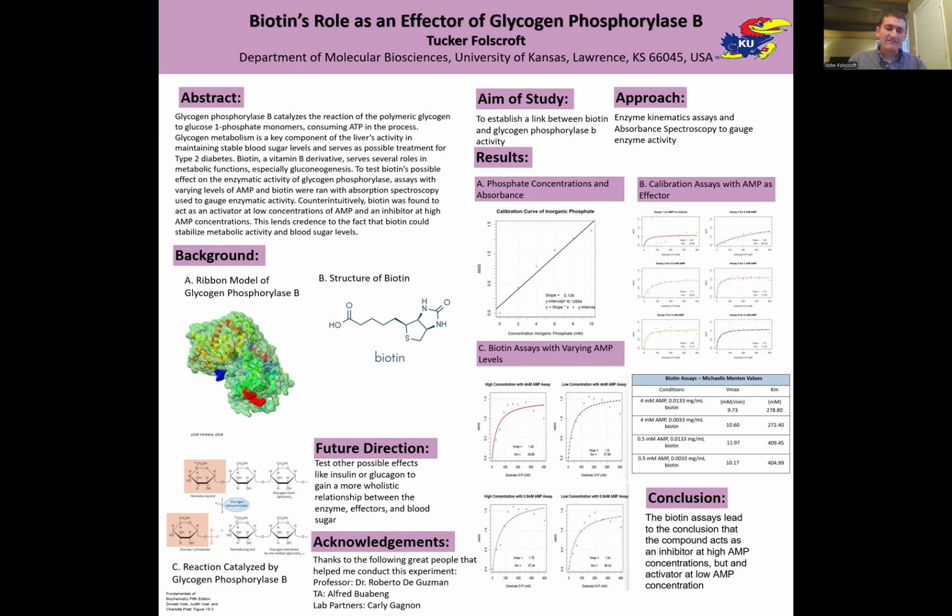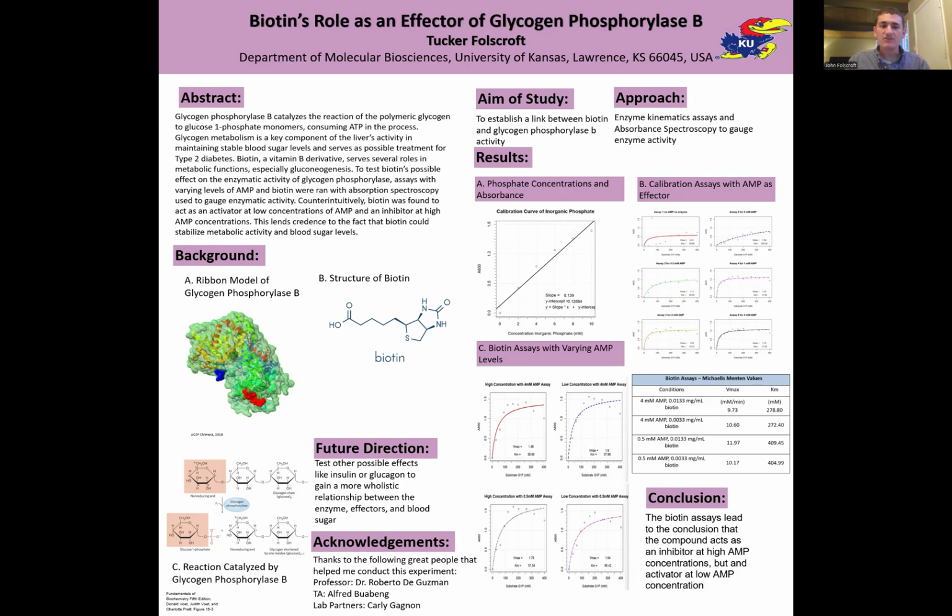Ultimately, we study the effects of biotin on glycogen phosphorylase B by doing two main things: enzyme kinematics and absorbance spectroscopy. As we can see in the graph A, the phosphate concentrations and absorbance values, we modeled the absorbance at 600 nanometers versus the concentration of inorganic phosphate.